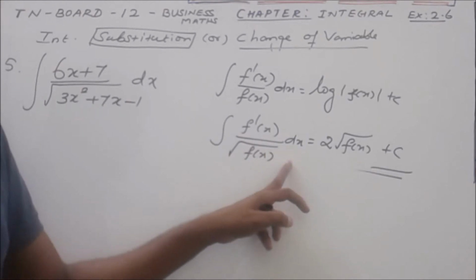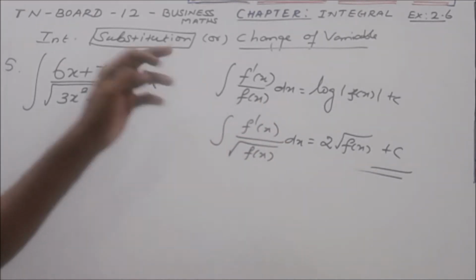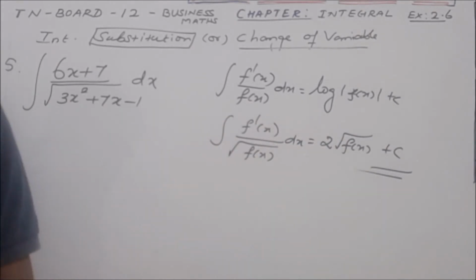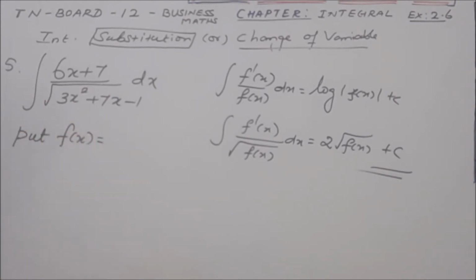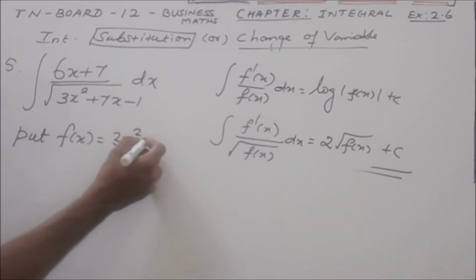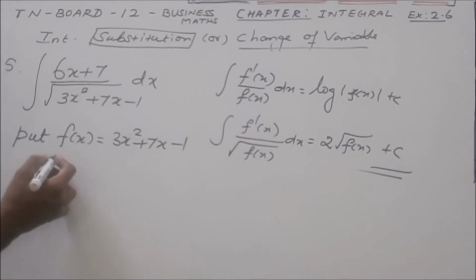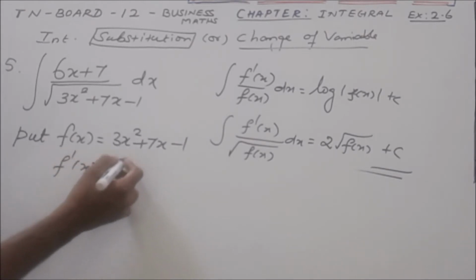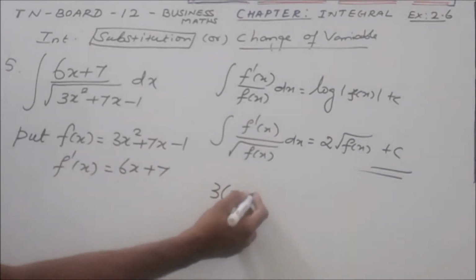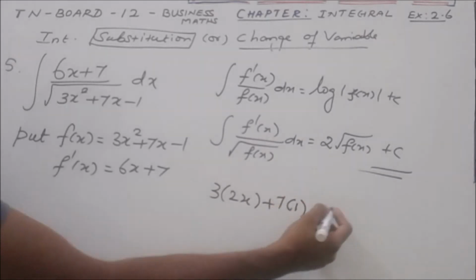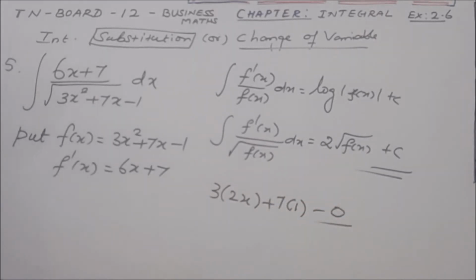When the function is in the square root of the denominator and its derivative is in the numerator, we can go with this formula. Here put f of x equal to root t dt, like that you can go, or directly you can take f of x as 3x square plus 7x minus 1. The f dash of x implies 6x plus 7: 3 into x square becomes 2x, 7 into x becomes 1, minus 1 becomes 0, remaining is 6x plus 7, that is its derivative.